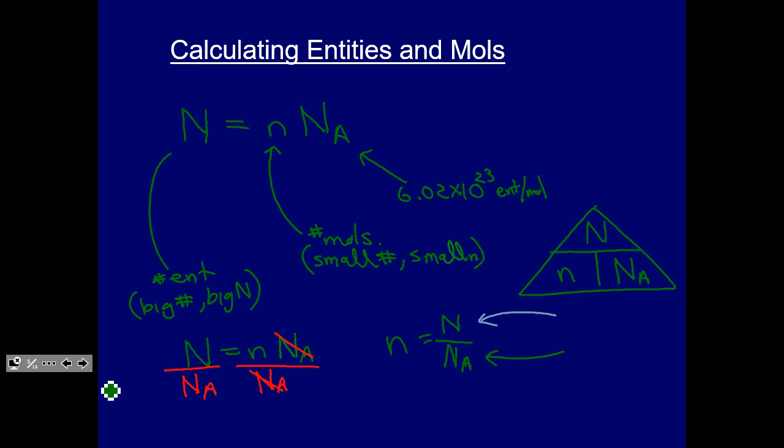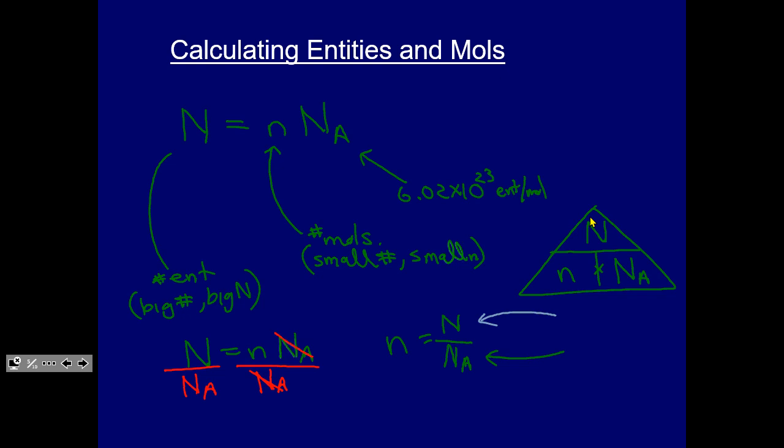All right? So how does this triangle work? Well, I can't show you because I don't really have access to my hand, or I could use the cursor. I could say, all right, if I want to find the equation for entities, I cover up the N, and you can see there that all that is left is little n times Na.